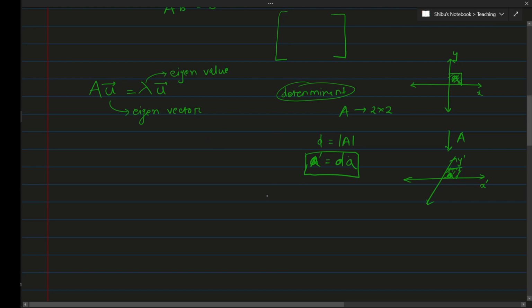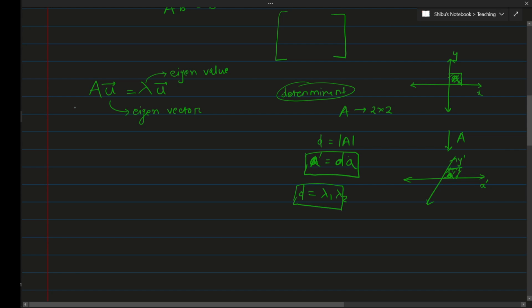This determinant can also be found by multiplying all the eigenvalues of this matrix A. As it is a two-dimensional matrix, we'll have two eigenvalues. If we multiply those eigenvalues, then we'll get the determinant of the matrix, right? So this is what the overall picture is.